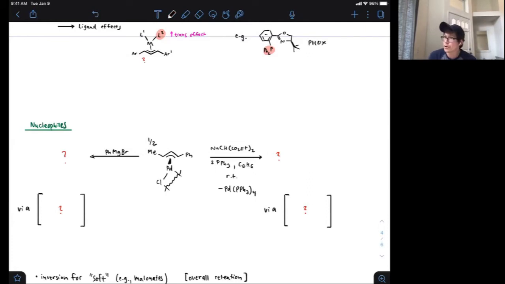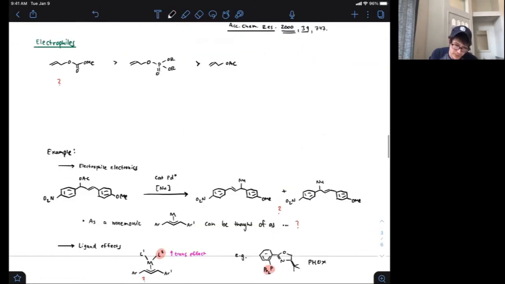Because of the stronger trans effect, it's a PN bidentate, phosphine ligands have stronger trans influence than sp2 nitrogen. So that directs the nucleophile to attack adjacent to nitrogen where the stereochemical information is, if that makes sense. Yeah, thanks. Yeah.